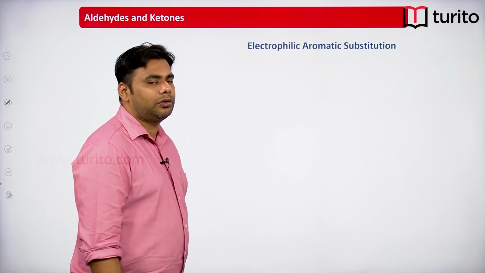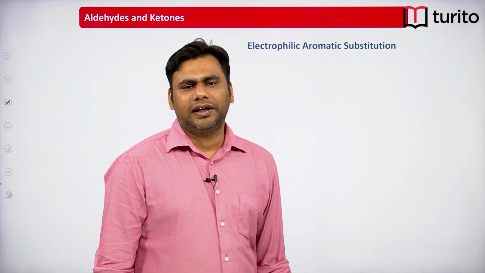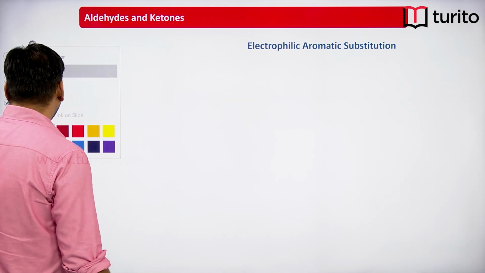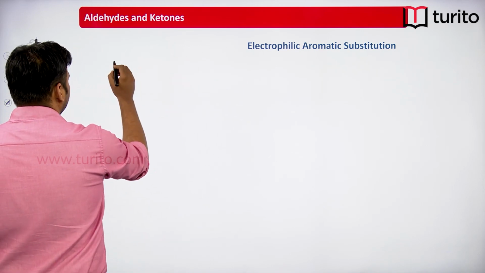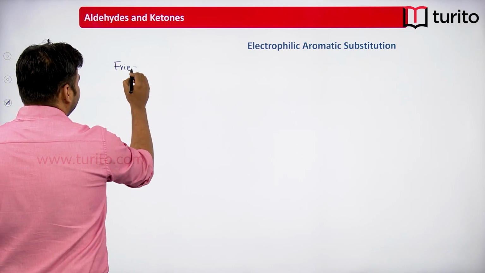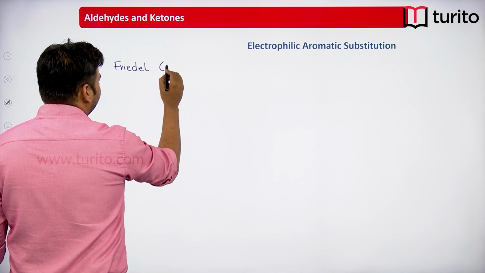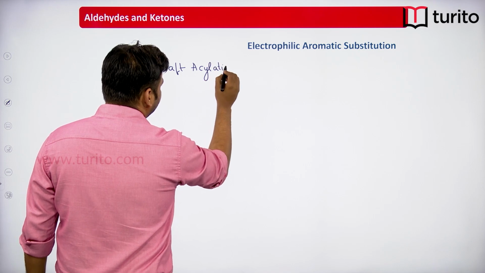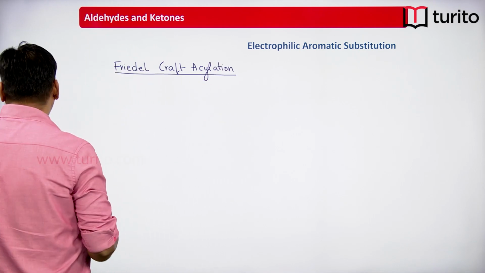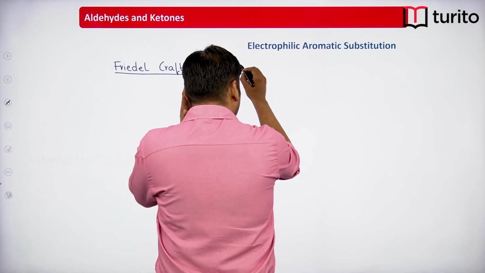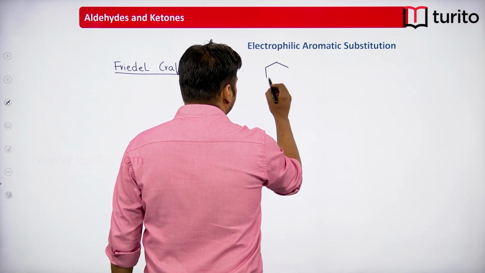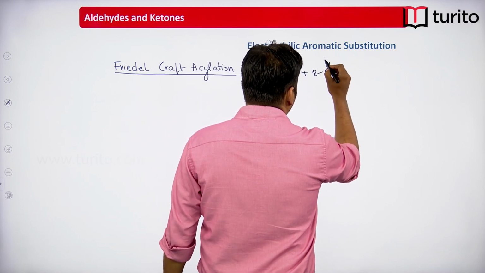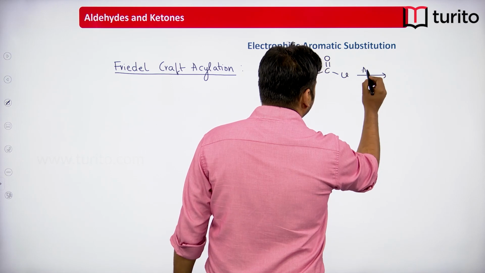Now the next set of reactions through which we can prepare aromatic aldehydes and ketones is electrophilic aromatic substitution. We can carry out a Friedel-Crafts acylation reaction. In a Friedel-Crafts acylation reaction, we take benzene and treat it with acyl chloride and AlCl3. AlCl3 is basically a Lewis acid.